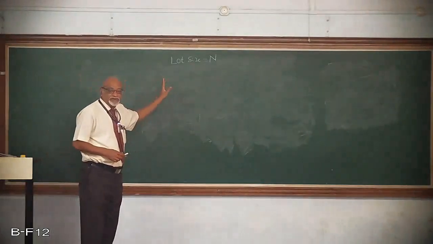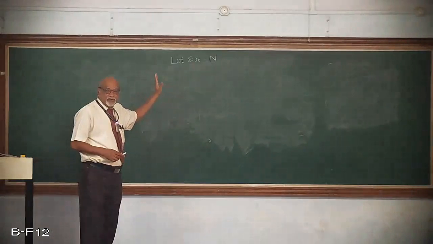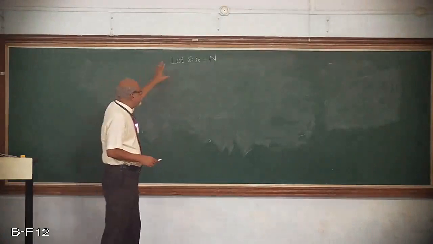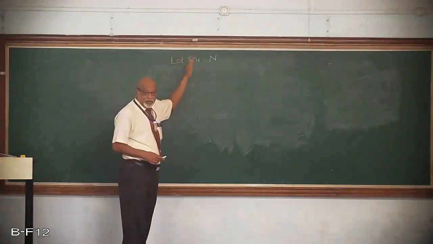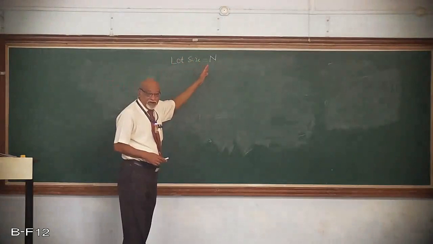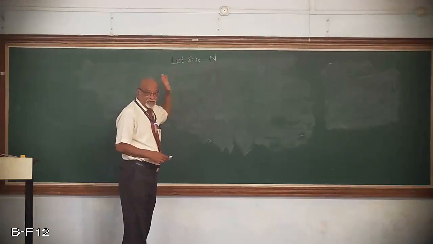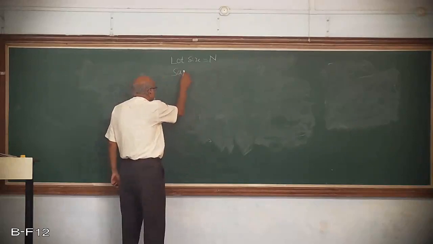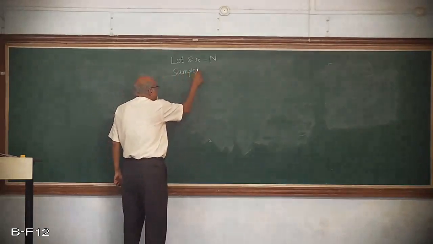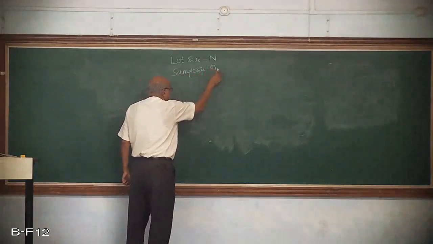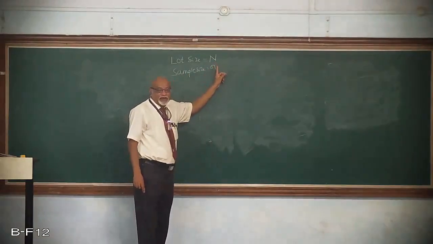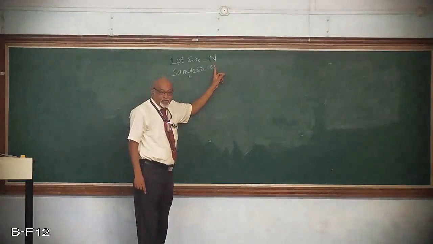Lot size is large, so this capital N is large. The lot size is denoted by capital N. What we are going to learn is that we will collect some sample out of a lot which consists of N items, a large quantity. The sample size is small n. From a lot of capital N, you collect a sample of small n.